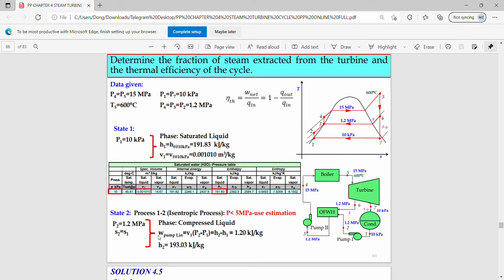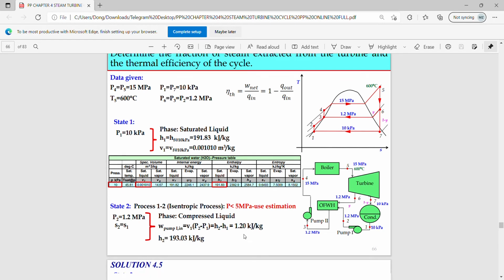This is the formula: W pump 1 in equal to V1 times (P2 minus P1) equal to H2 minus H1. We get 1.2 kilojoule per kilogram. So the value of H2 is 193.03.